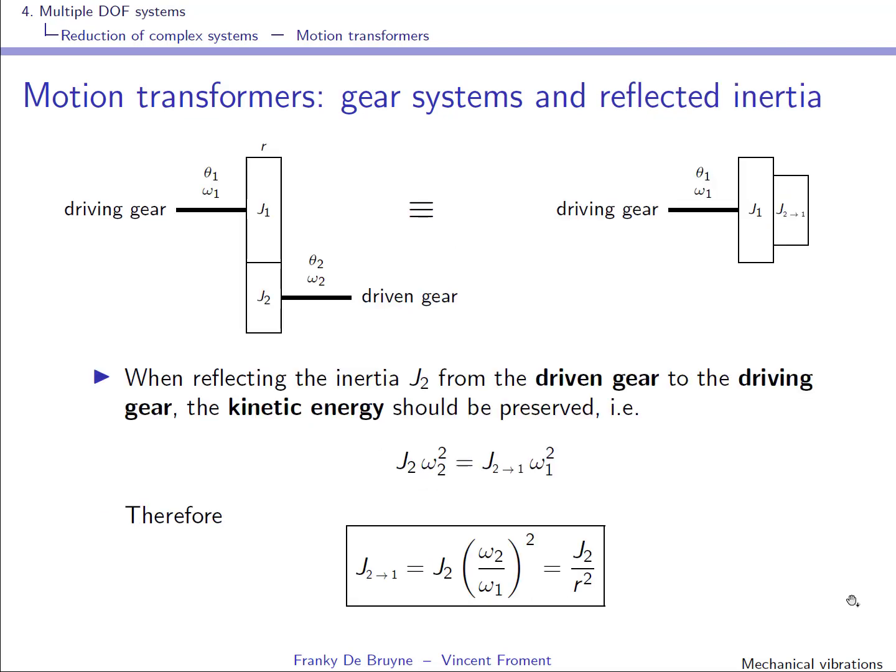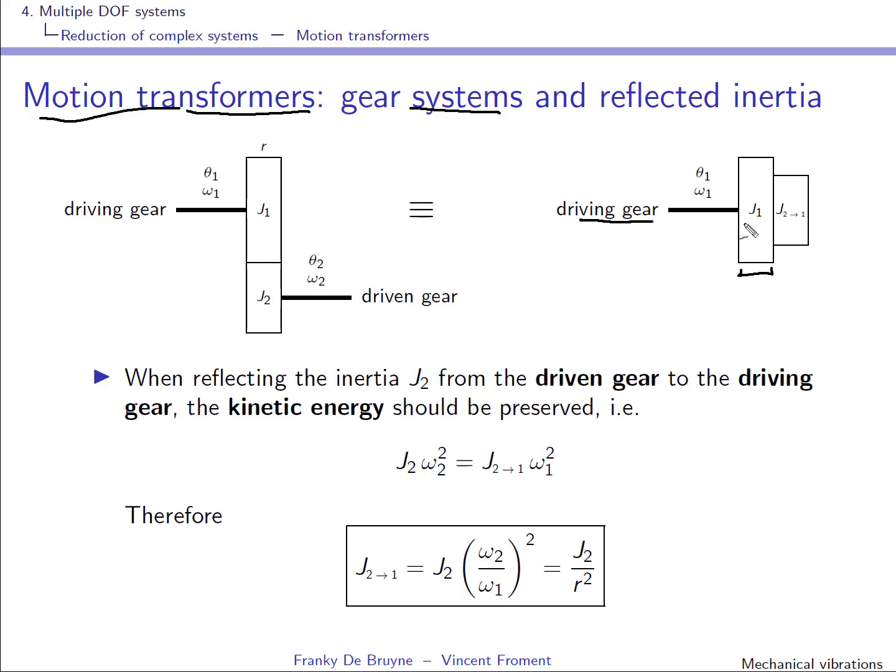As mentioned before, we want to simplify this motion transformer, which is simply here a gear system, so that we have a system with only one axis of rotation, and in this case it will be the axis of rotation of the driving gear. On the driving gear it's kind of obvious that this moment of inertia will be the same.